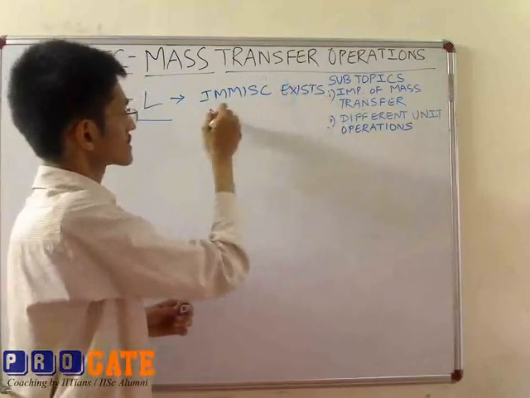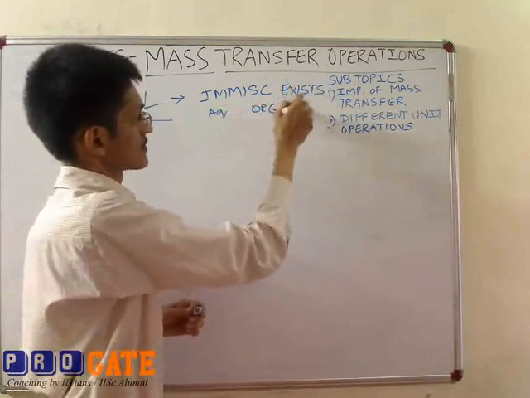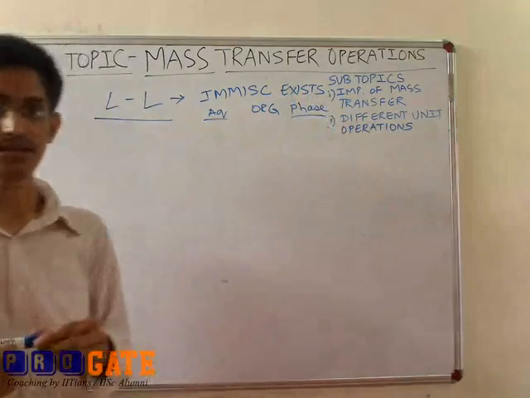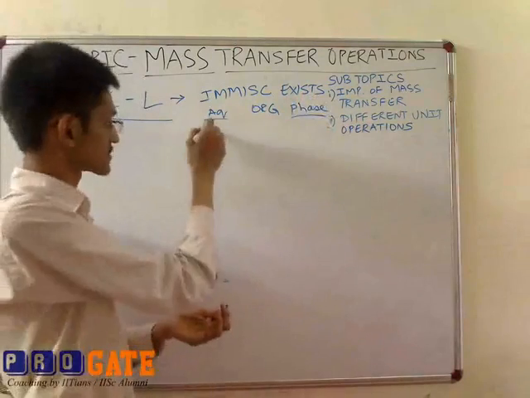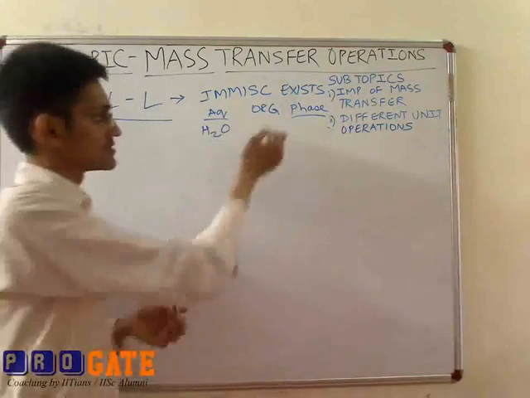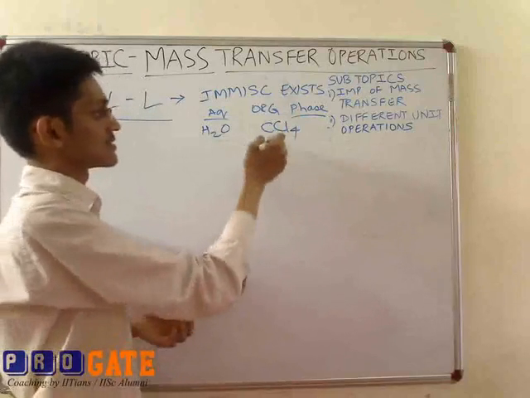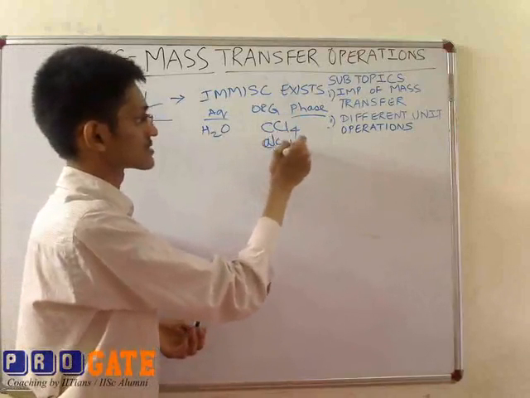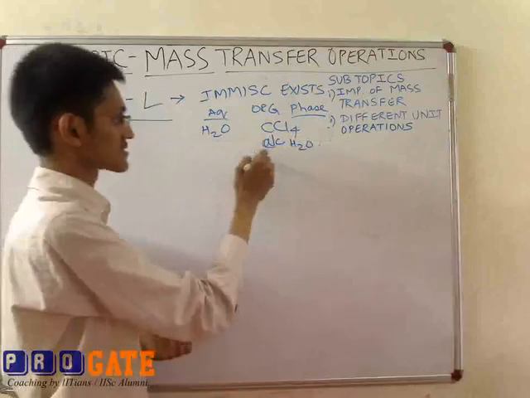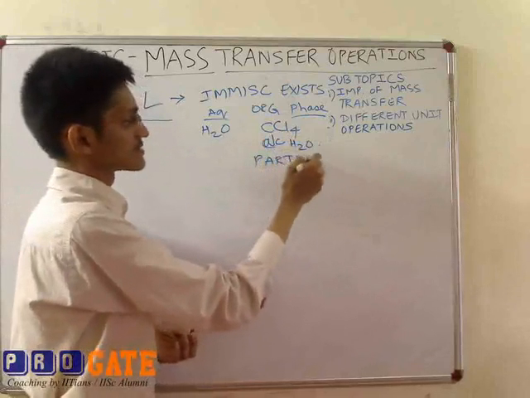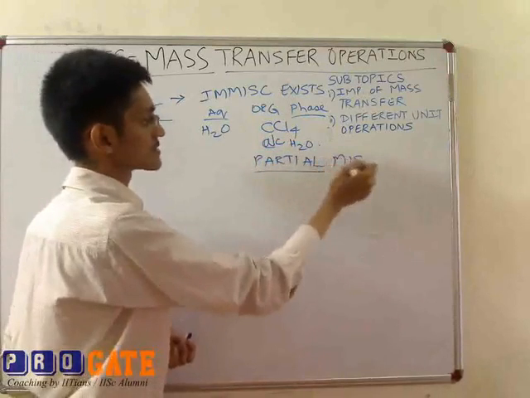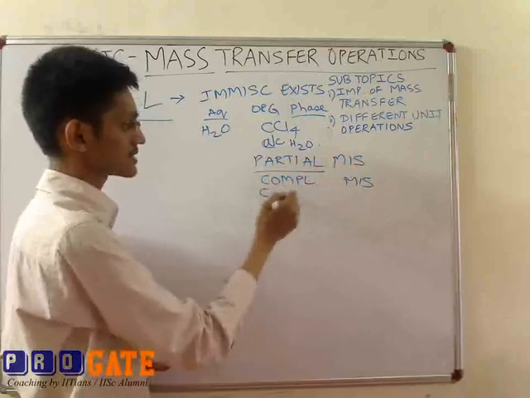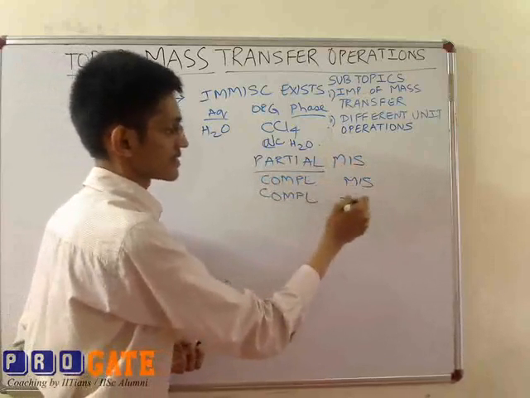We have aqueous and organic which are immiscible. Then think of the examples. An aqueous phase, water definitely. Organic, maybe CCl4 or some higher alcohols which are immiscible with water, or maybe having some partial miscibility. So again there exists partial miscibility, complete miscible, or complete immiscible.